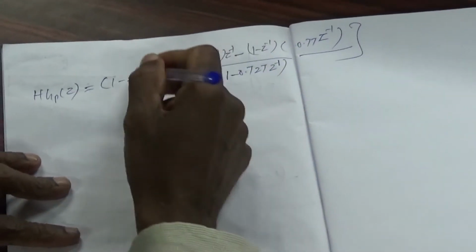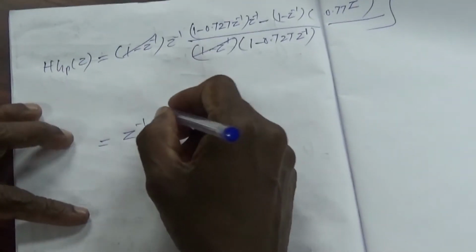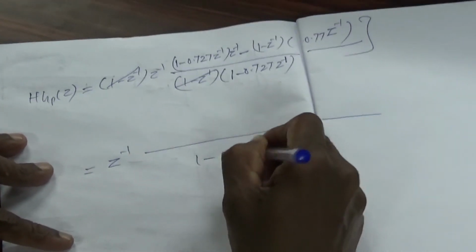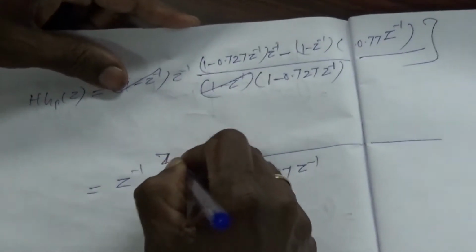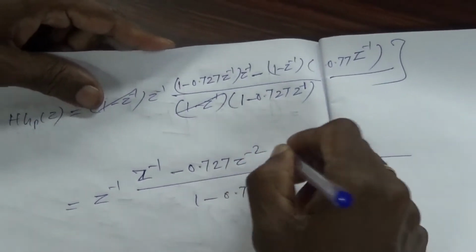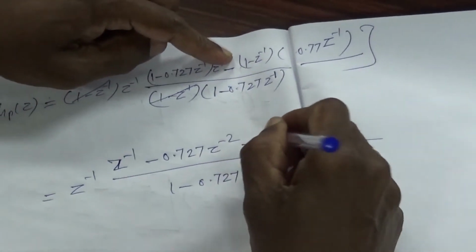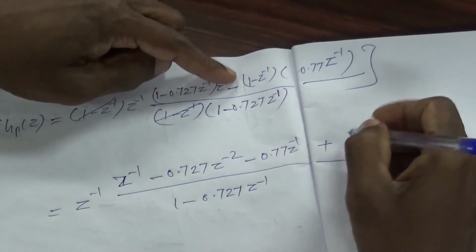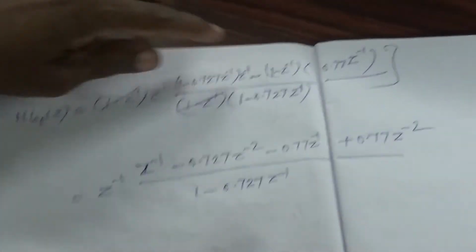So these two get cancelled, therefore z power minus 1. The denominator is 1 minus 0.727 z power minus 1, and the numerator is z power minus 1 minus 0.727 z power minus 2 minus 0.77 z power minus 1 plus 0.77 z power minus 2.